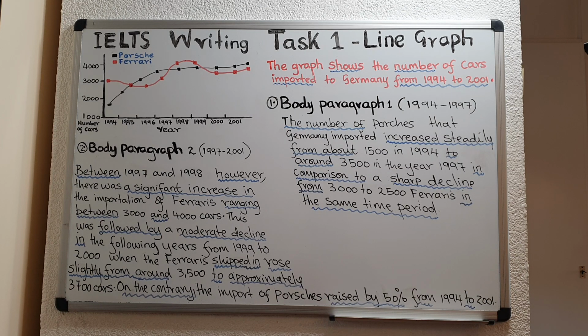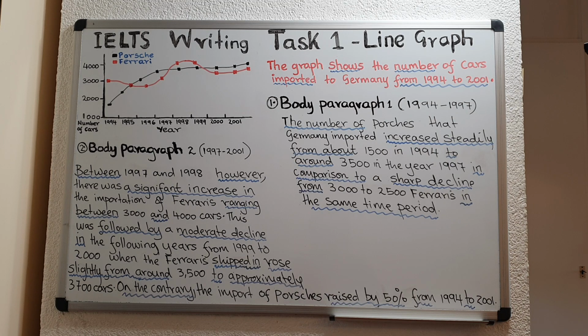Okay? Now, also remember that you're supposed to write 150 words for your writing task 1. In this lesson, we are only looking at body paragraph 1 and body paragraph 2. In the previous video, we looked at the introductory paragraph and the overview. Your writing task 1 should have 4 paragraphs.